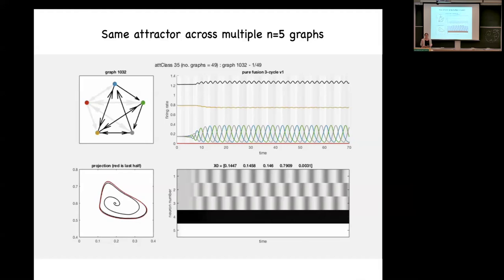These movies tend to be very boring, and that's kind of the point, like nothing changes, right? So on the left, you see a particular graph. This is corresponding to a fusion 3-cycle. This is one of these attractors that we've seen before, where the neurons fire in the order of the 3-cycle, blue, green, gray.